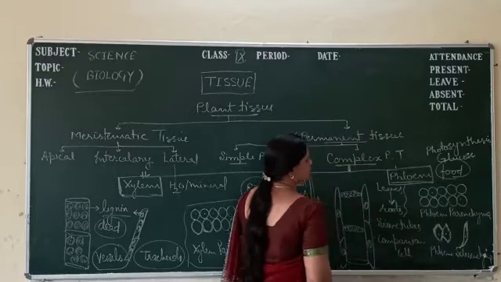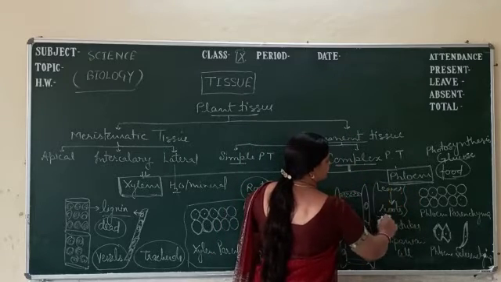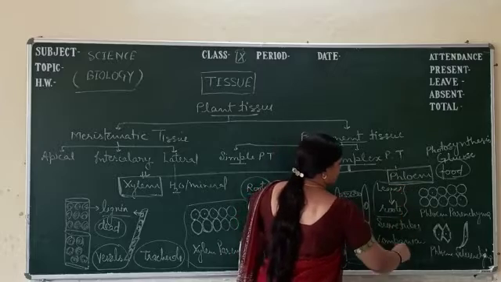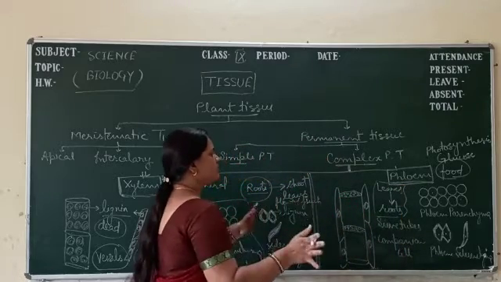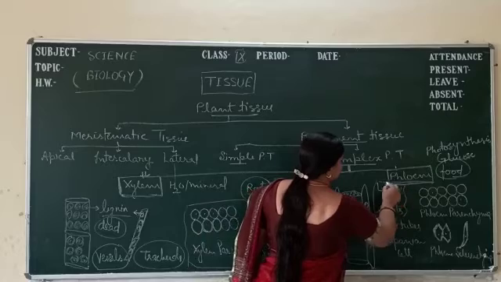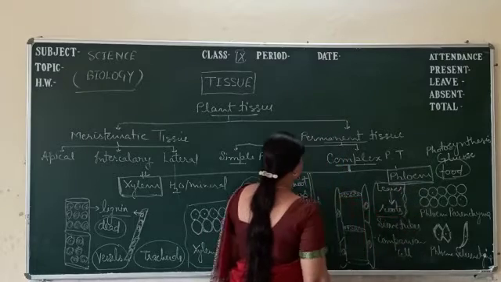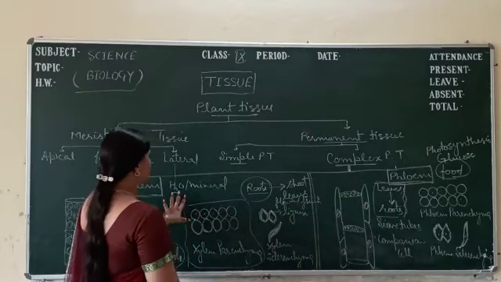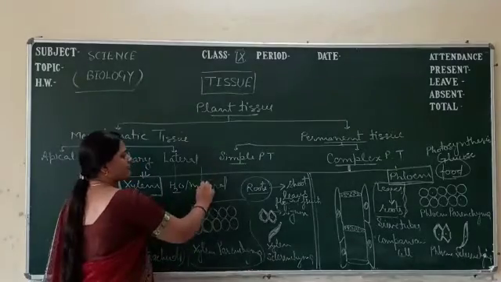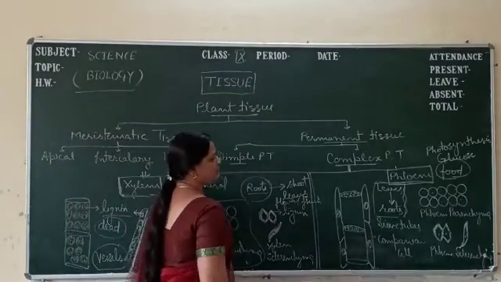So the conduction in phloem is mostly downward, but it is also multi-directional flow. But in xylem the flow is unidirectional, always upward.